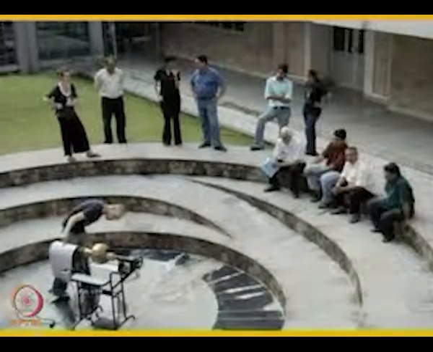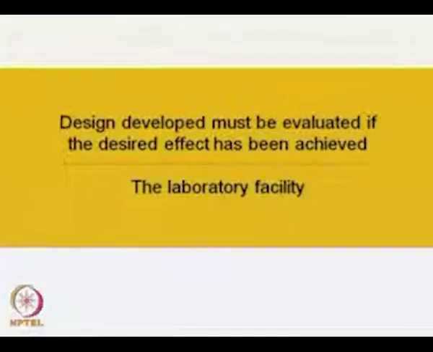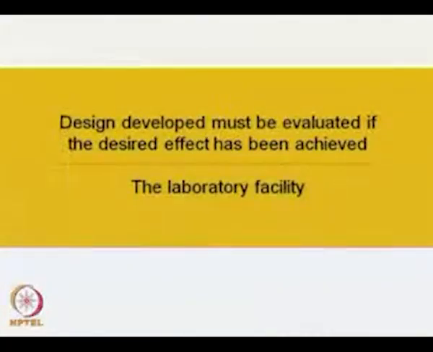So, these are the issues: not only to develop a product, the design developed must be evaluated to see if the desired effect has been achieved. So, a laboratory facility is necessary.